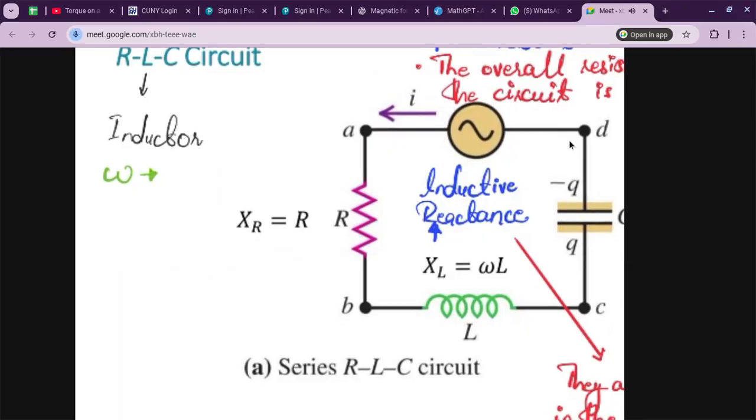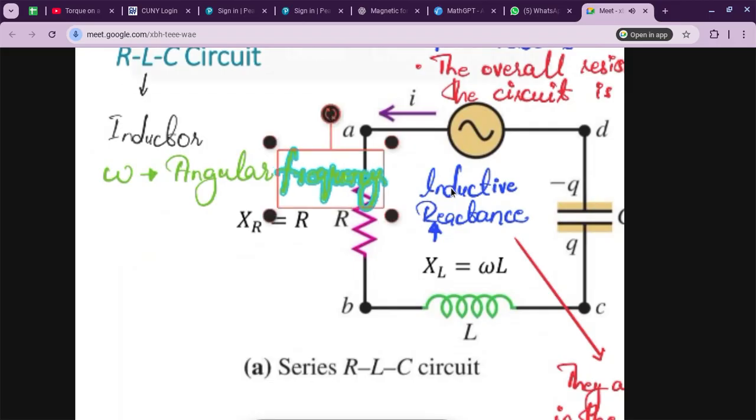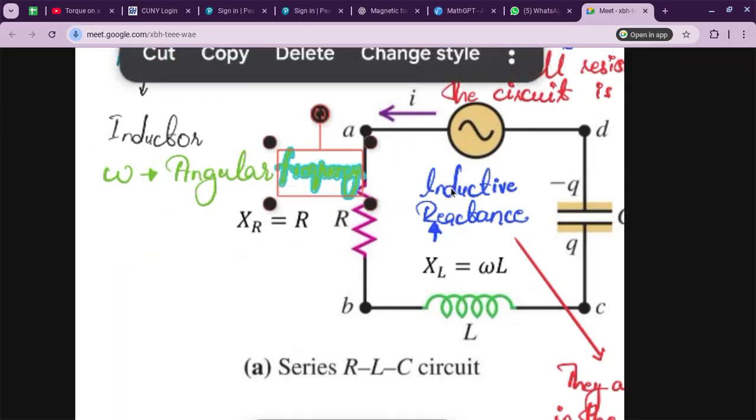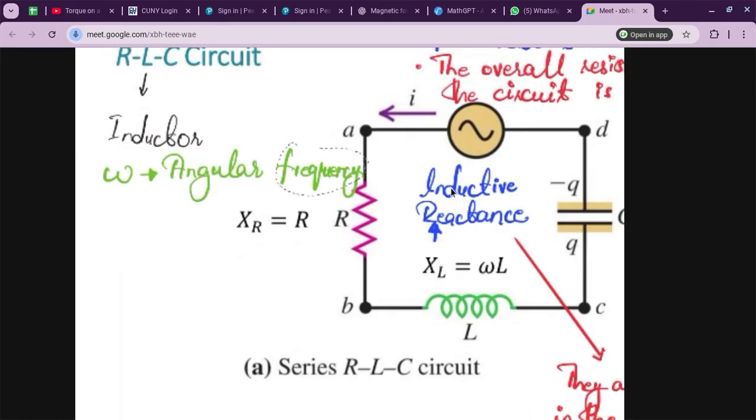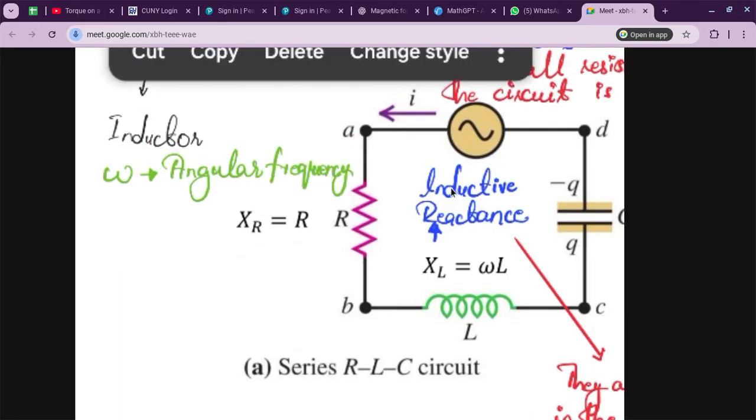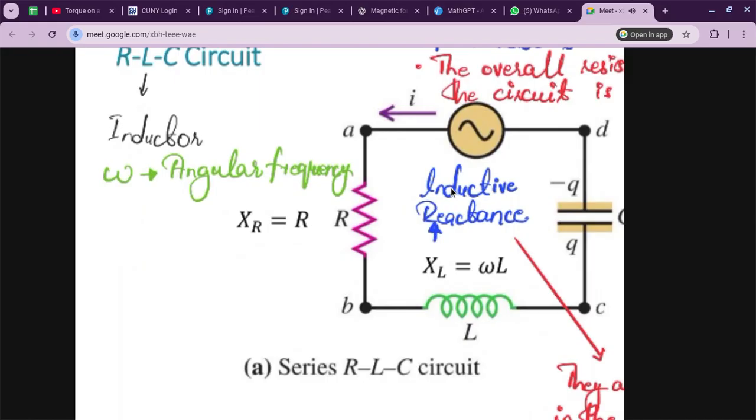Omega means angular frequency. Peter, this is angular frequency.